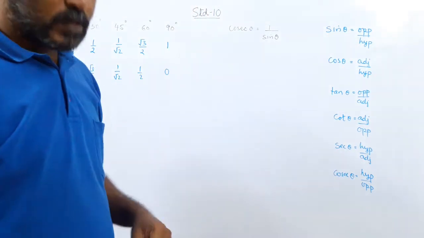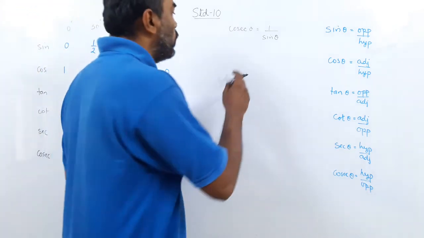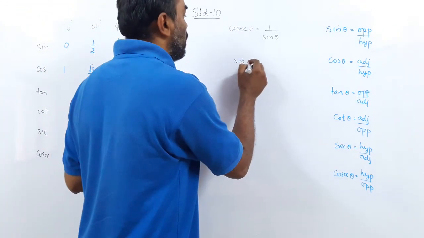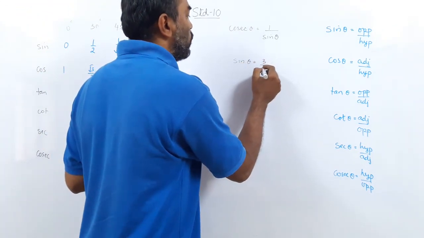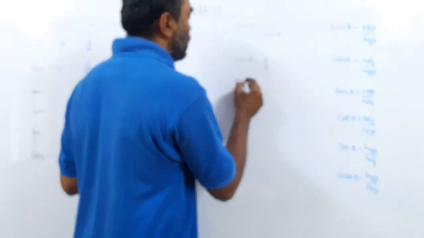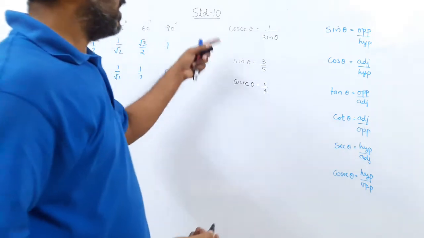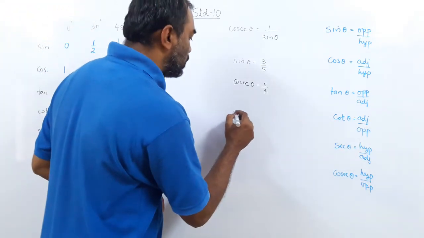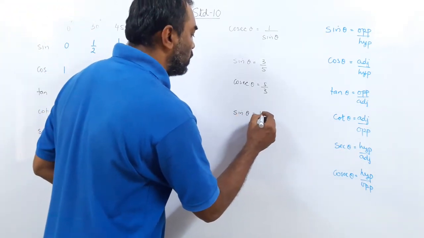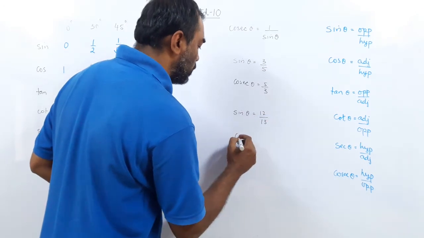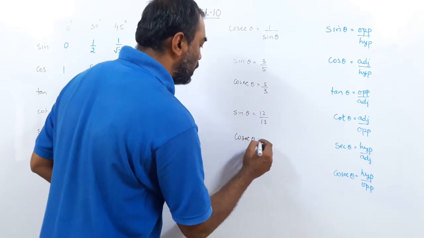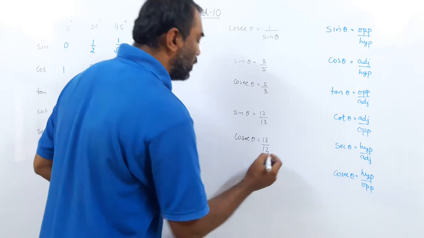So in the previous sums now you can go and see, if you had got sine theta, say 3 upon 5, then the cosec theta would have been 5 upon 3. In every sum you can check. In the sum where sine theta was 12 upon 13, the cosec theta would have been 13 upon 12.